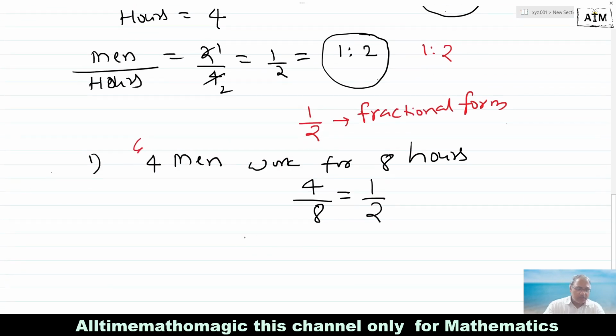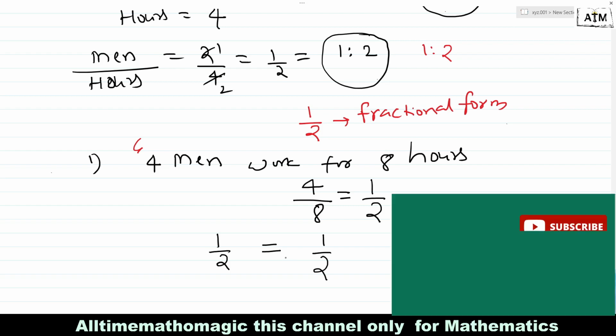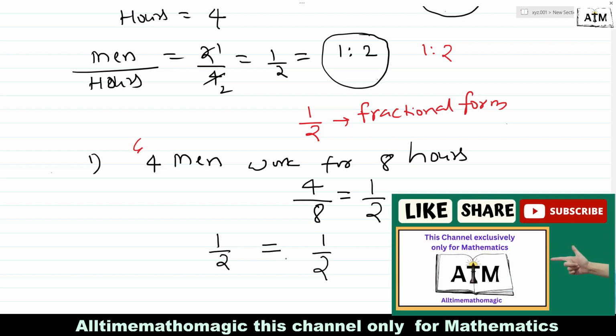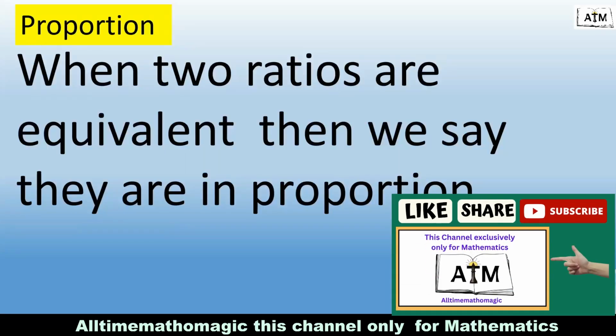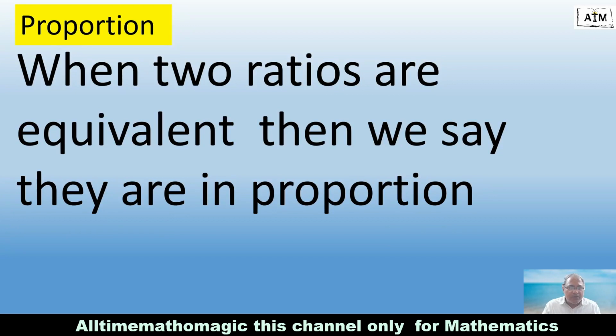That means the first ratio is 1 upon 2 and the second ratio is also 1 upon 2. Both the ratios are equal. When two ratios are equal, we say they are in proportion. Thus, we can define proportion as: when two ratios are equivalent, the ratios are in proportion.